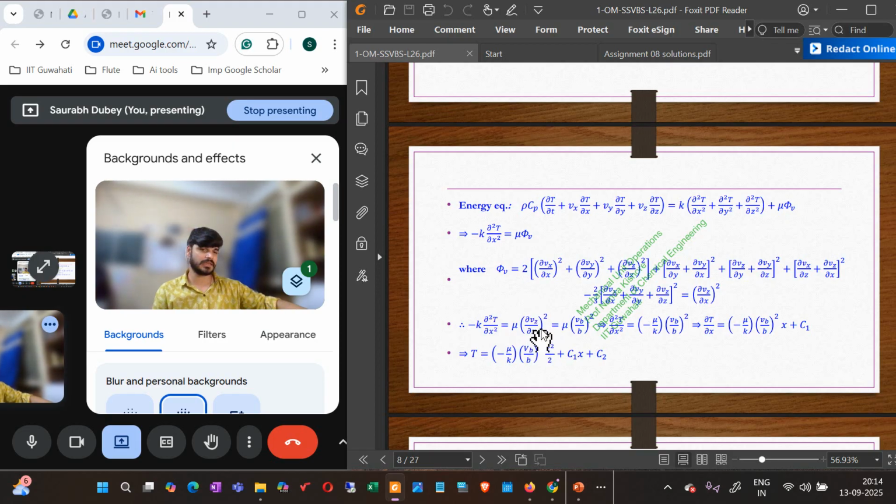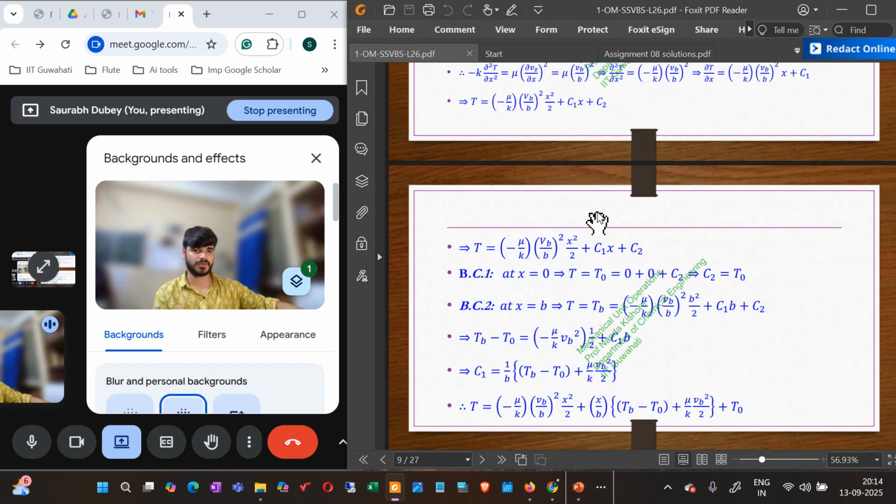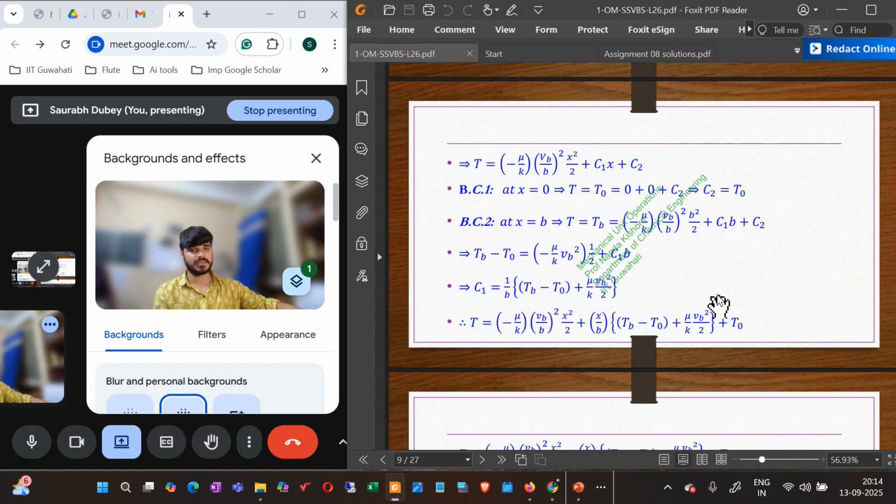That is what I have told you. Vz by Vx will be existing here for this particular case, and then the temperature distribution you will be getting like this. This C1 and C2 you have to evaluate. For that you have boundary conditions that at x equals 0, T is T0, and at b it is Tb, right?